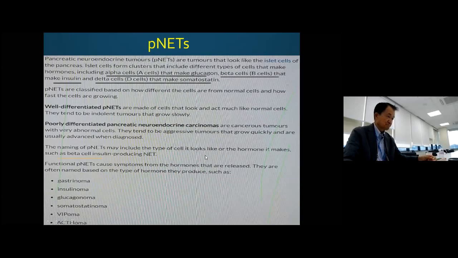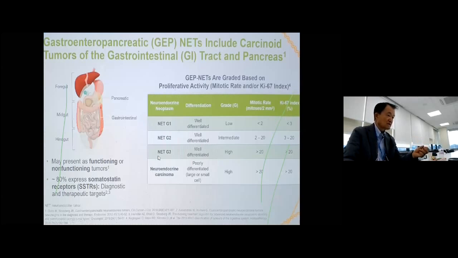And you can see this gastrinoma, insulinoma, glucagonoma, somatostatinoma. They produce a certain hormone, and that is how they are named.